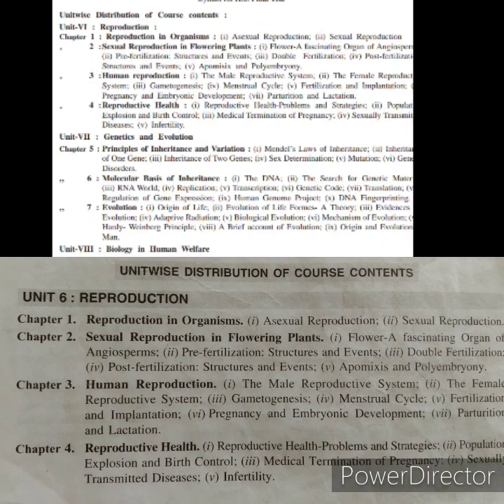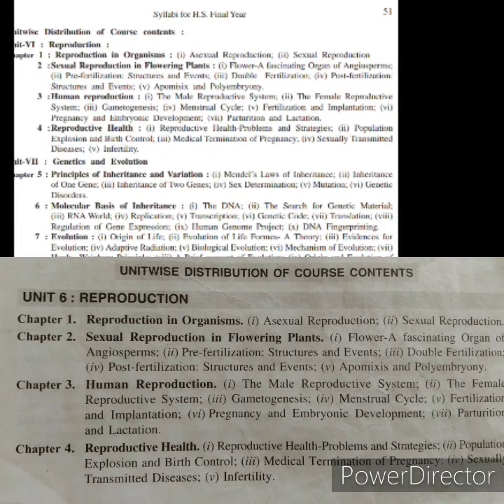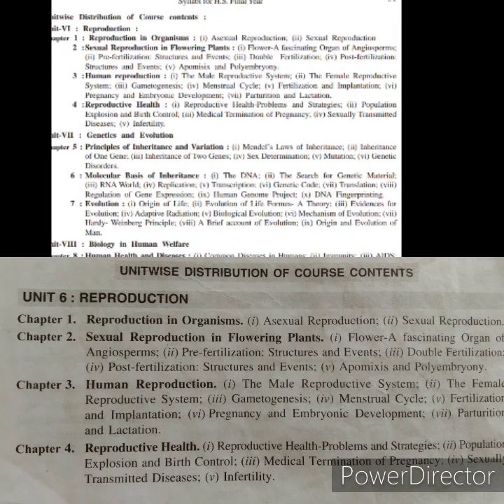As you probably know, reproduction is basically of two types, asexual and sexual reproduction. But that is not sufficient for this chapter, because we have to study all the details: the various modes of asexual reproduction, types of asexual reproduction, vegetative reproduction, and then move to sexual reproduction.